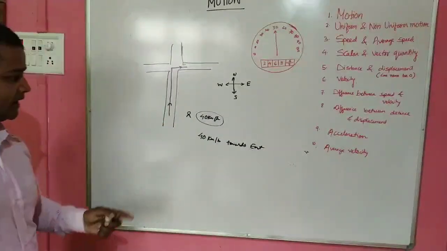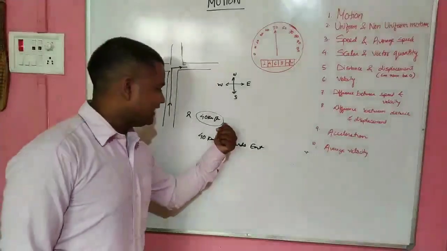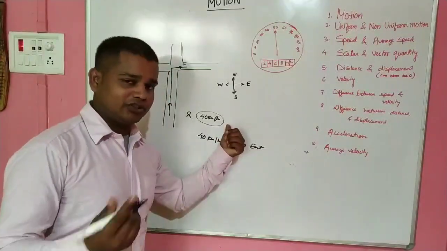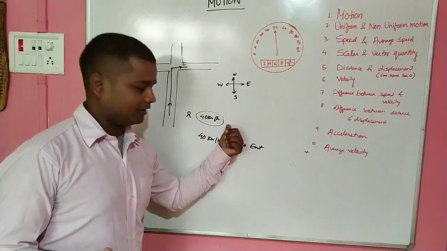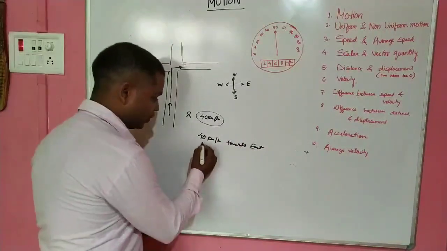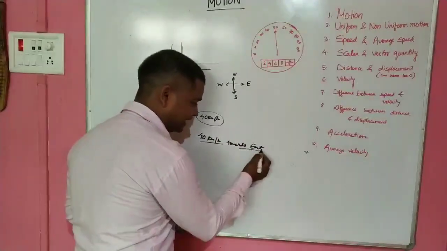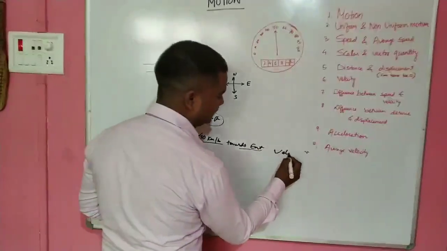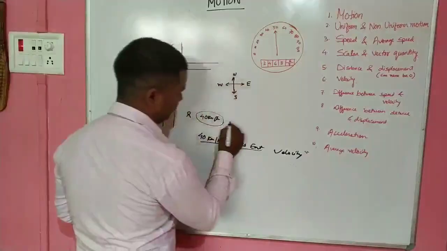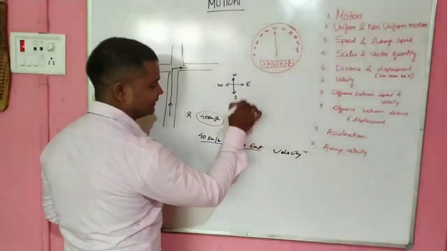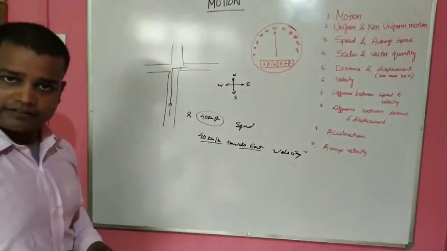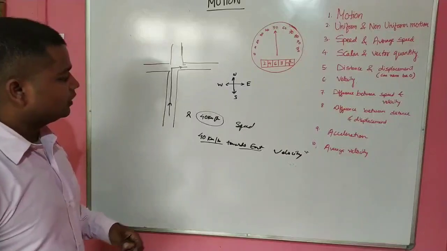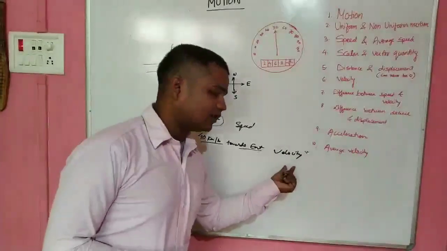If you see, in the first case you just told him the speed, but in the second case you told him the speed as well as direction. So this is velocity, and in the first case, it will be termed as speed. Is that clear?